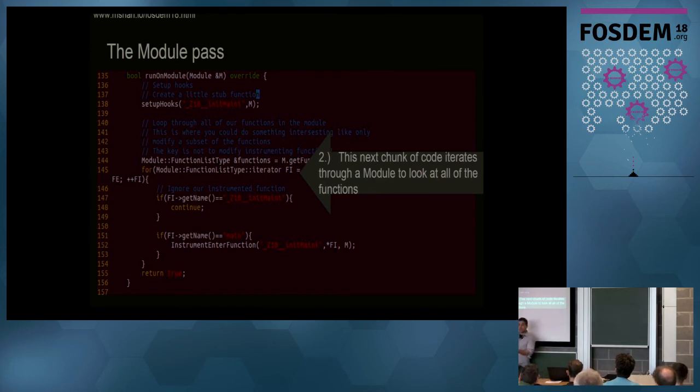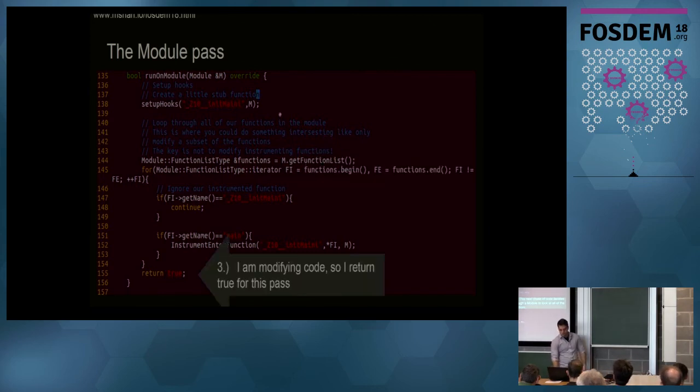I don't want to instrument an instrumented function and do that recursively. The second thing I'm doing is I'm looking for a particular function, main in this case. And I am modifying code, so I'm returning true here for this pass. This pass, again, is a run on module pass that's taking in a module M.